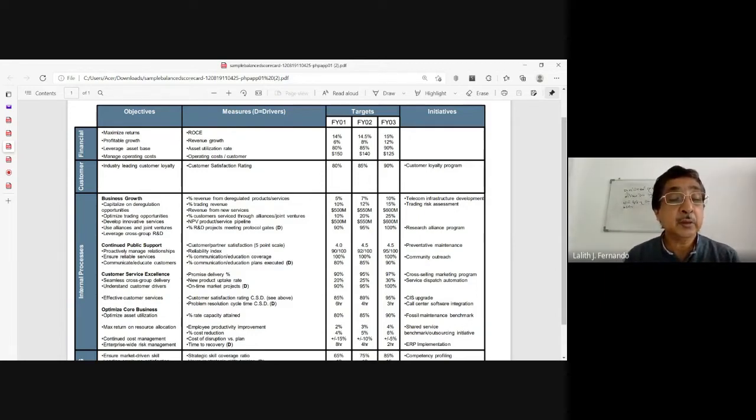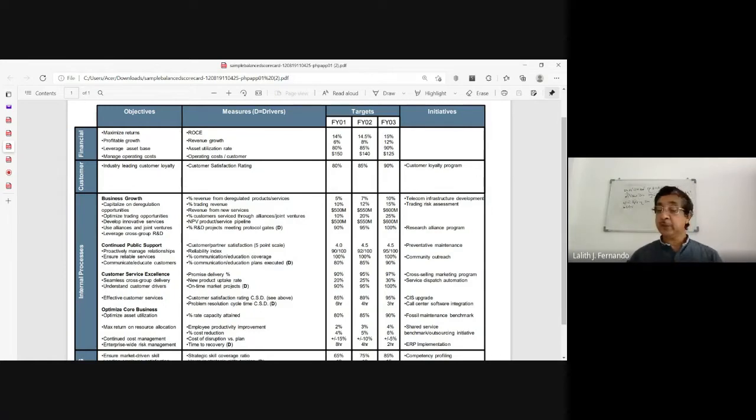Then ensure reliable services. There you have to have a reliability index. Reliability means whether your services are going without interruption, and breakdowns are kept to a minimum. That is the measurement device for ensuring reliable services. So you need to develop some indices to measure reliability.